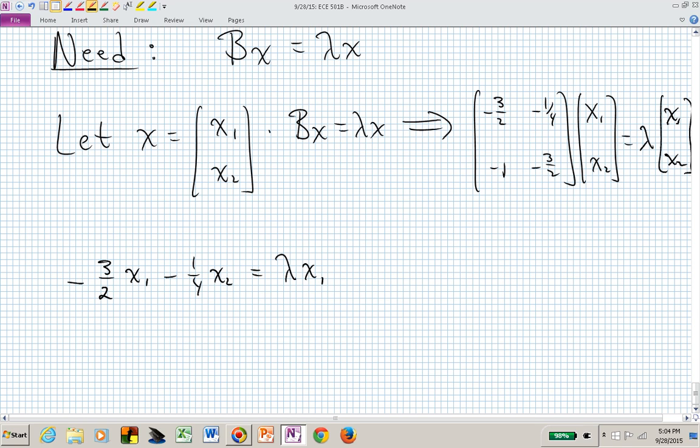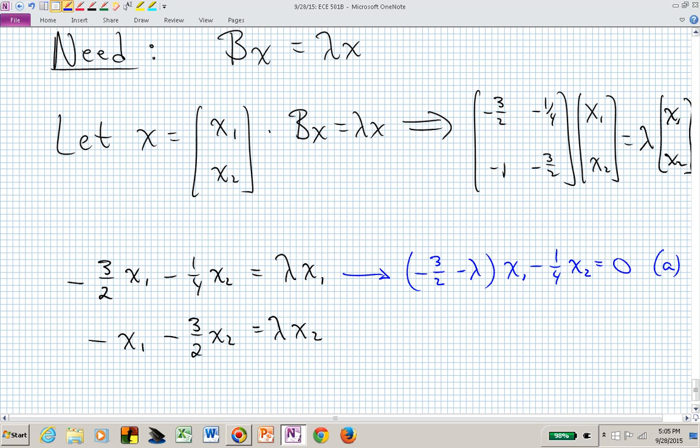The second row says that we have minus x1 minus 3/2 x2 is equal to lambda x sub 2. Let's now collect our x's together. We have minus 3/2 minus lambda times x1 minus 1/4 x sub 2 equaling 0. I'll call that equation A for future reference.